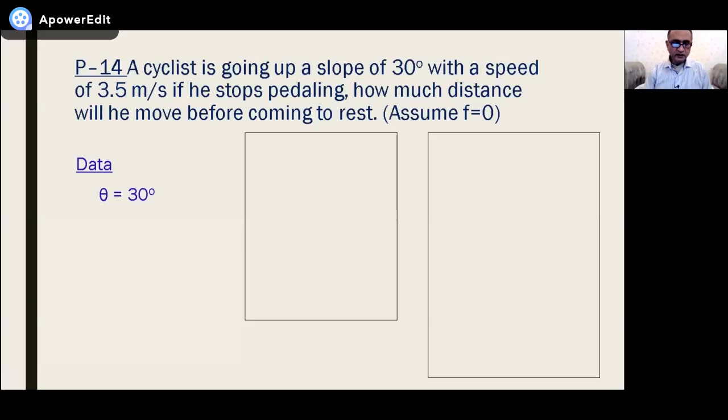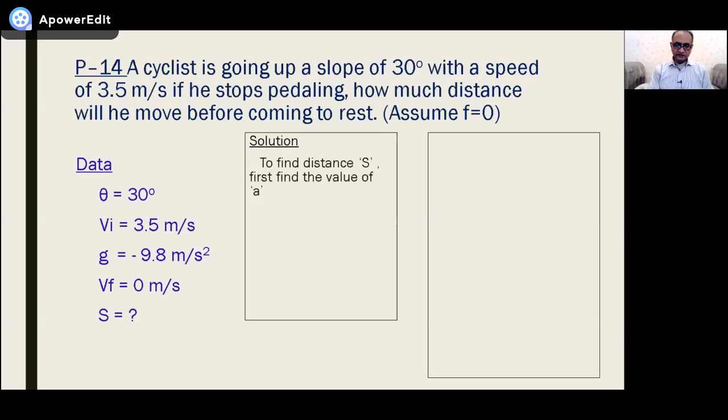So what is the angle over here? 30 degrees. And the speed of the cyclist is 3.5 meters per second. Since he stops pedaling, he would stop. And since he is going up, we'll take the value of g as minus 9.8 meters per second square. We have to find the distance. All right.